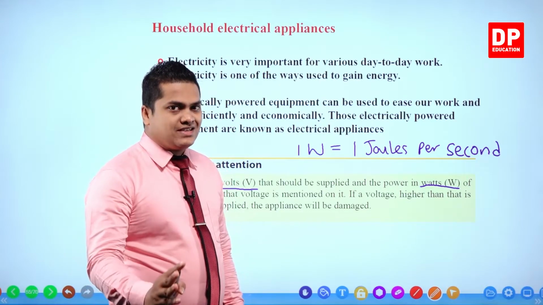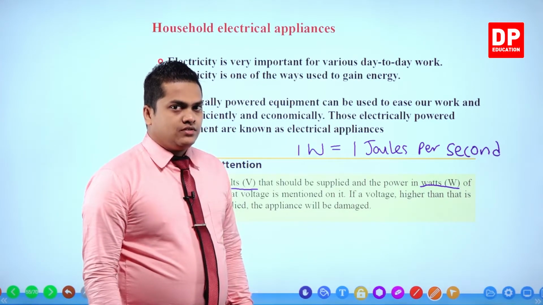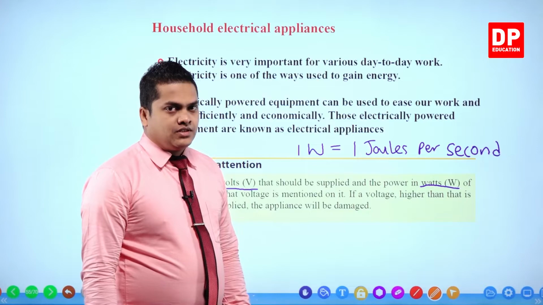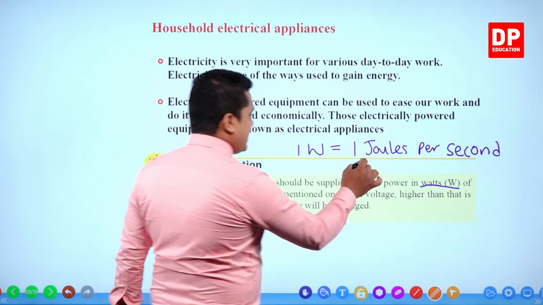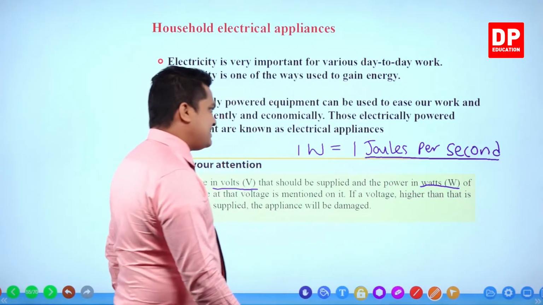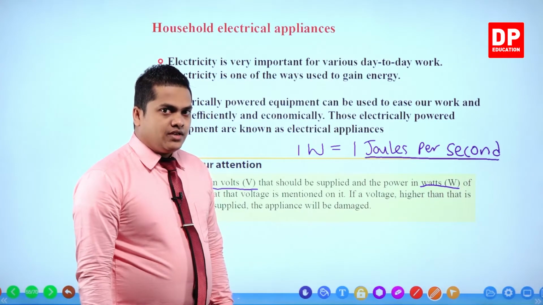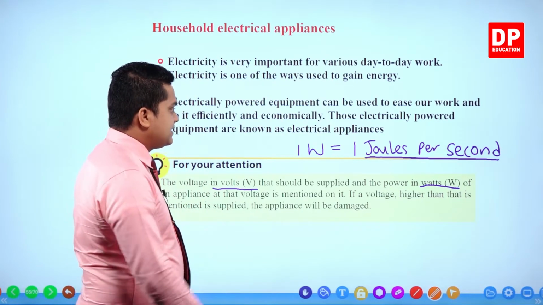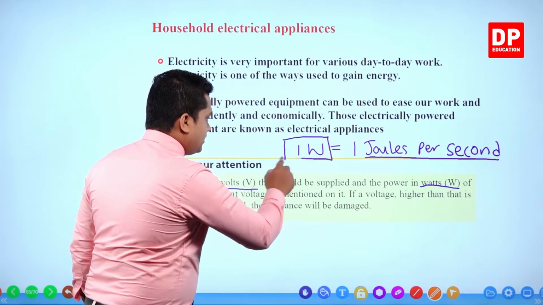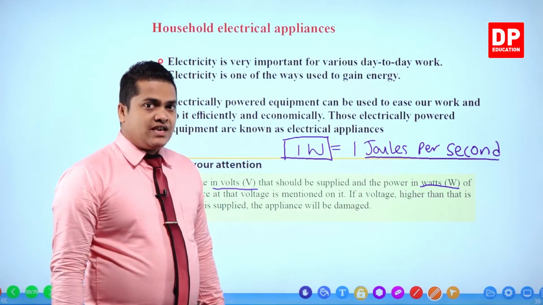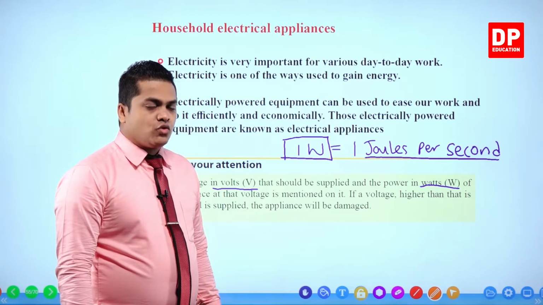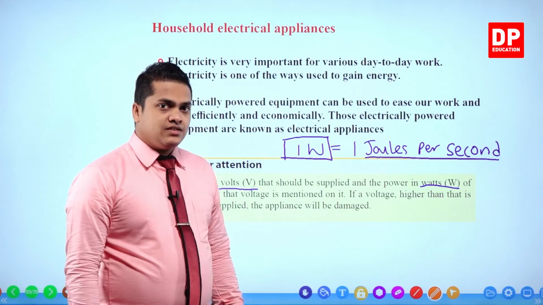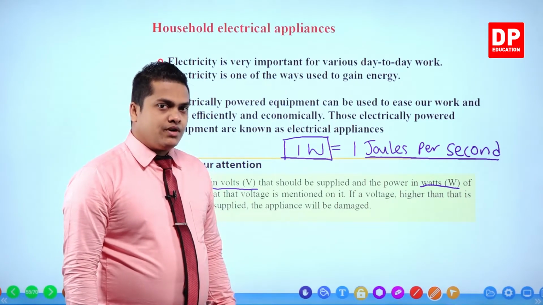For 1000 seconds, 1000 joules. So this joules per second unit is mentioned as watt. So 1 watt means 1 joule per second.